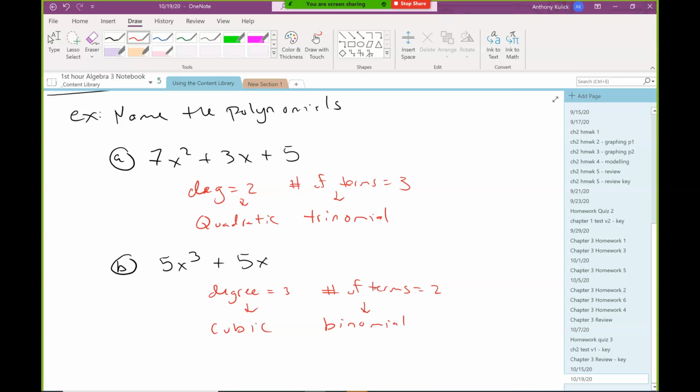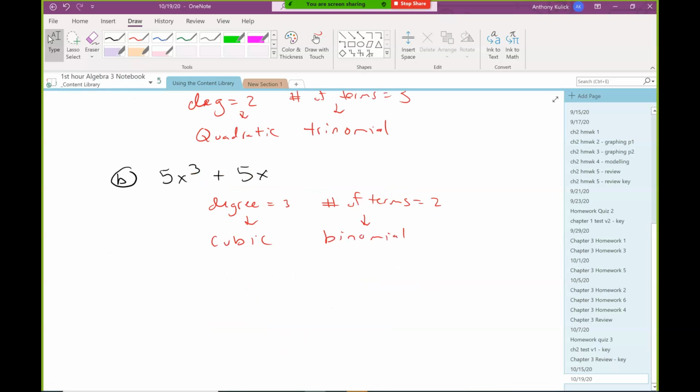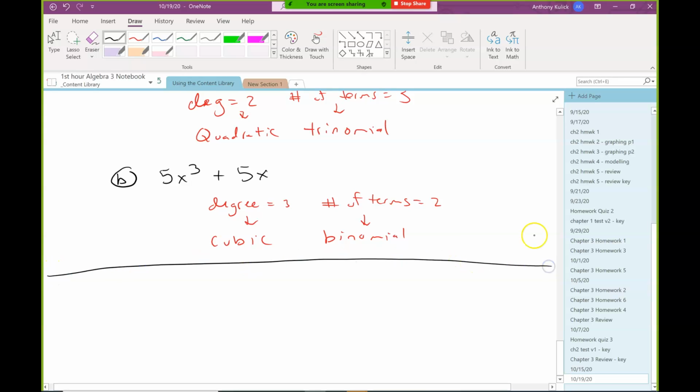And when we talk about these things, we always name it in that order. We do the degree part first and the number of terms part second. Is everybody okay with that? Okay. So the focus for this next chapter is going to be on quadratic polynomials.